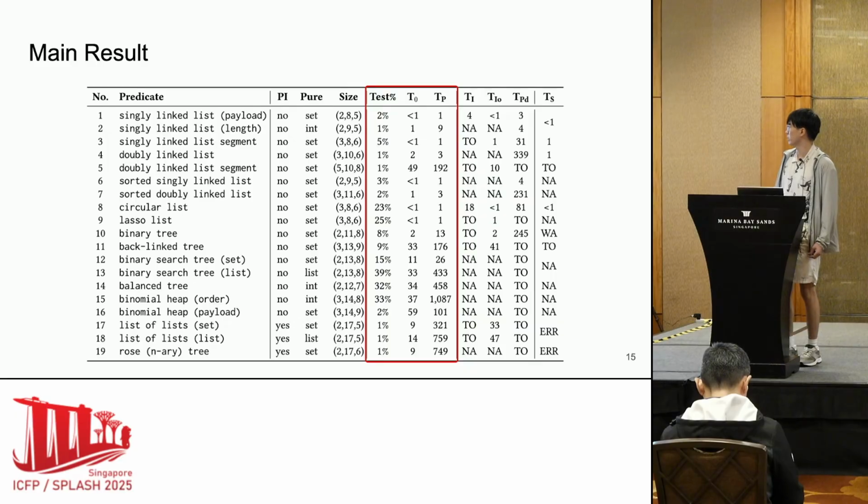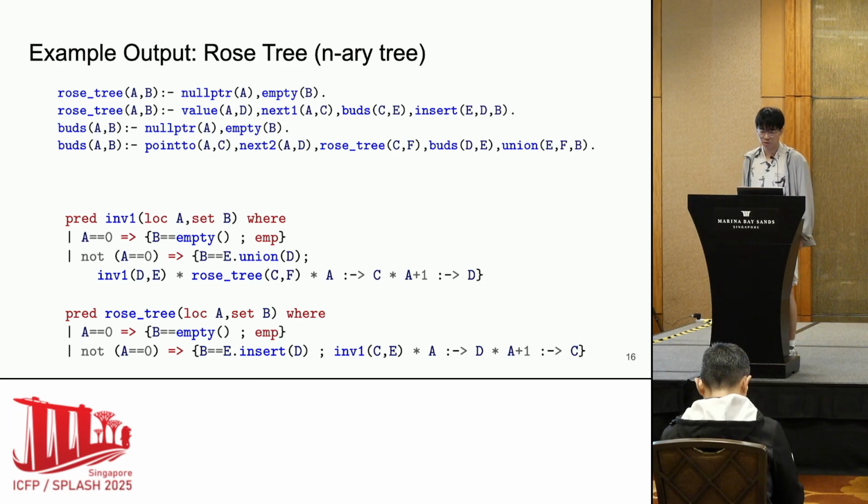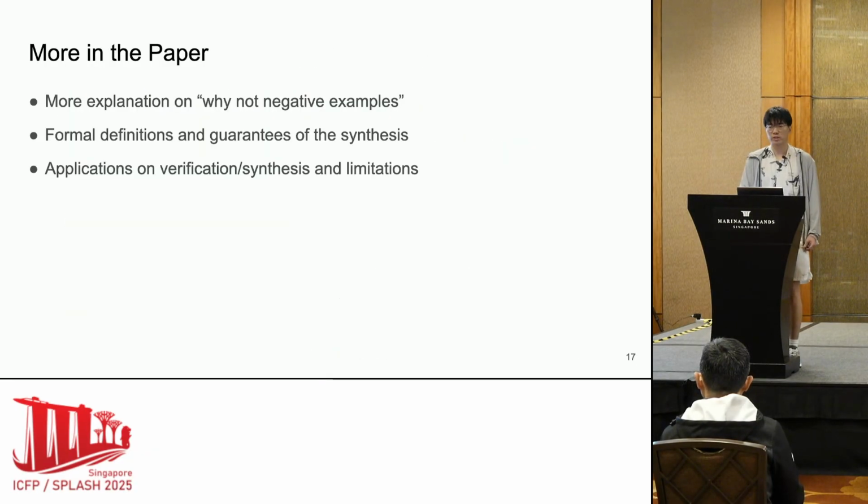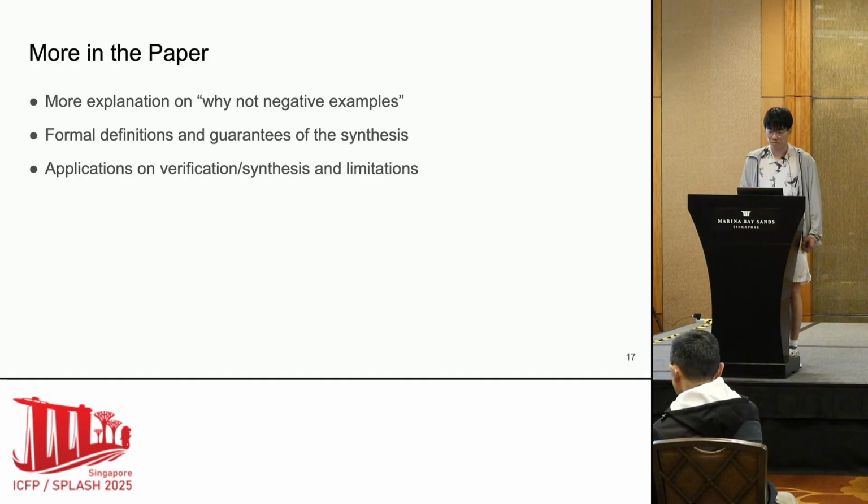We synthesize a bunch of predicates, and most of them are out of the capability of existing work. Here's an example. The rose tree is actually very complex because there is some mutual recursion in the predicate, but in ILP we can deal with it. We have more discussion in the paper about the negative examples, about the formal definitions, and also an illustration of different application scenarios.